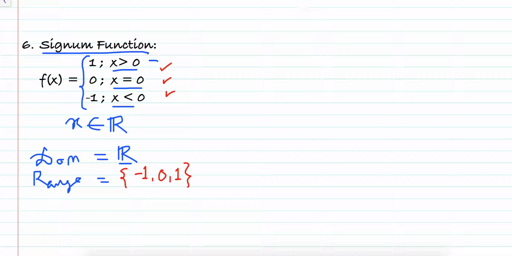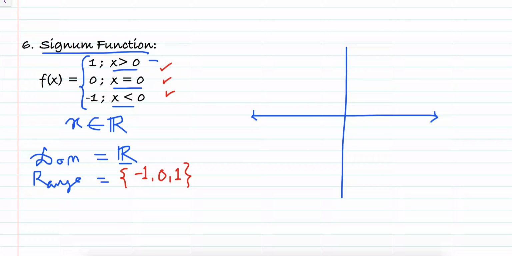Now we will plot its graph. So if x is 0, then this is 0.